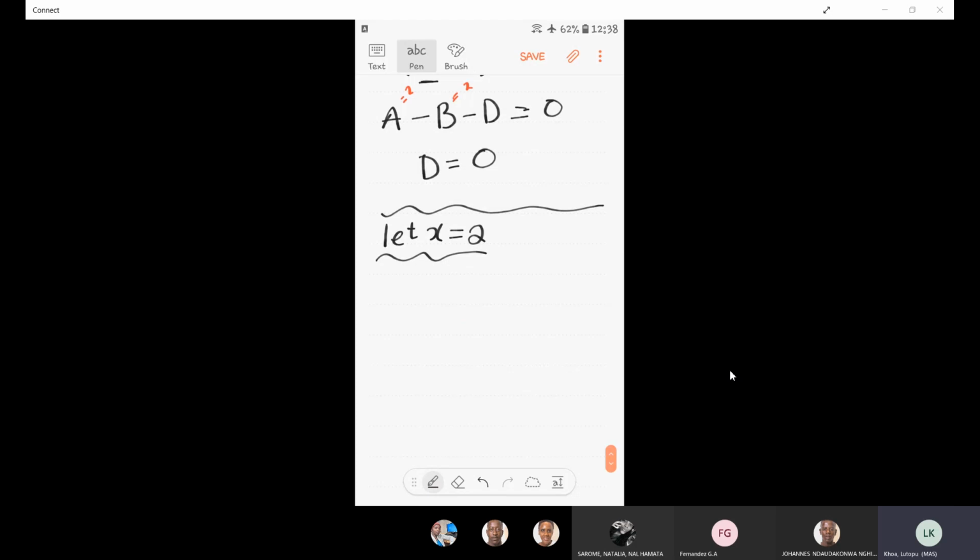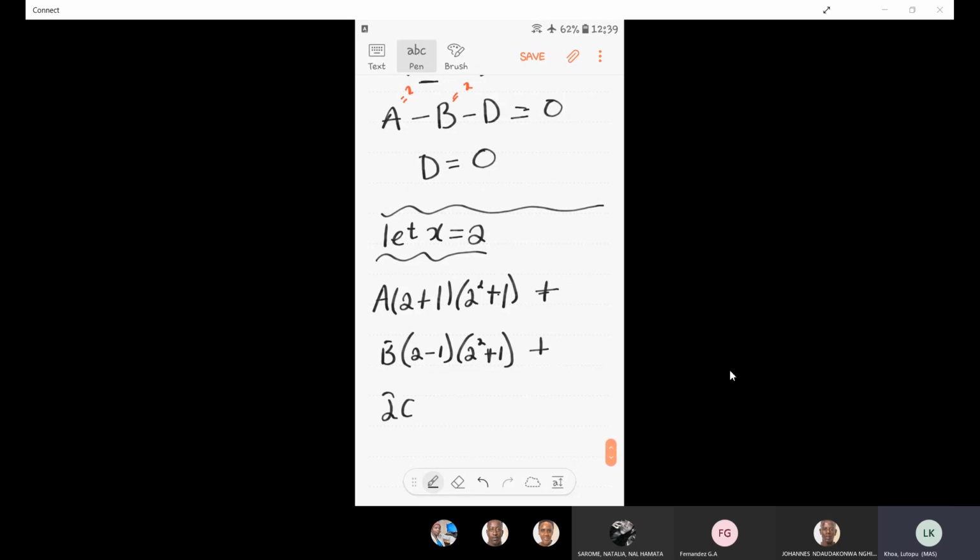So when x is equal to 2, I have a times 2 plus 1, then 2 squared plus 1, and then b is multiplying by x minus 1, so that is 2 minus 1, and then also x squared plus 1, so it's 2 squared plus 1, and then I will have c times 2, so it's 2c.